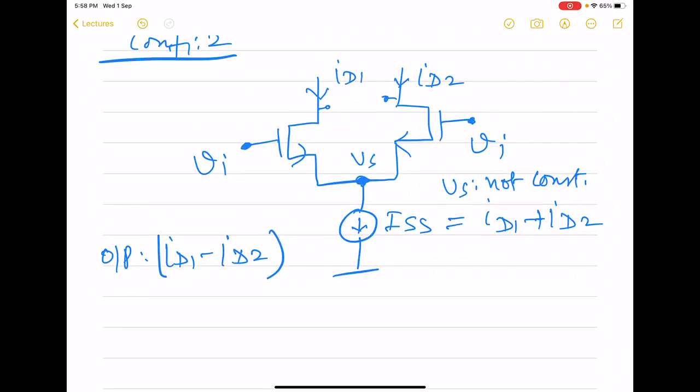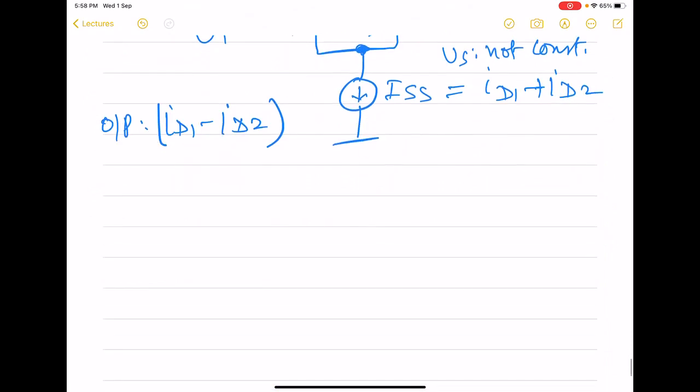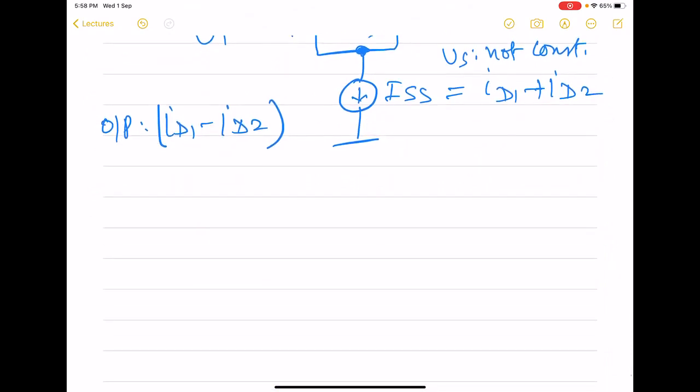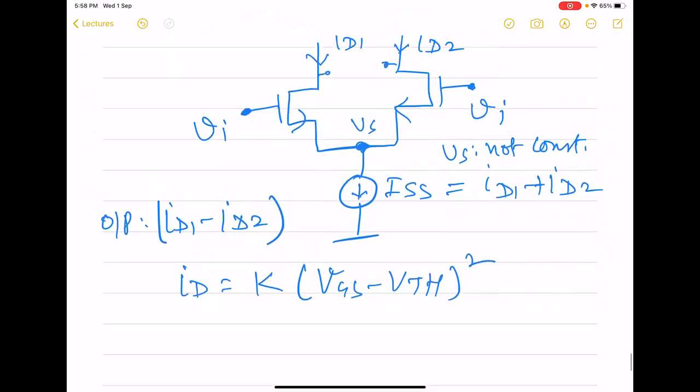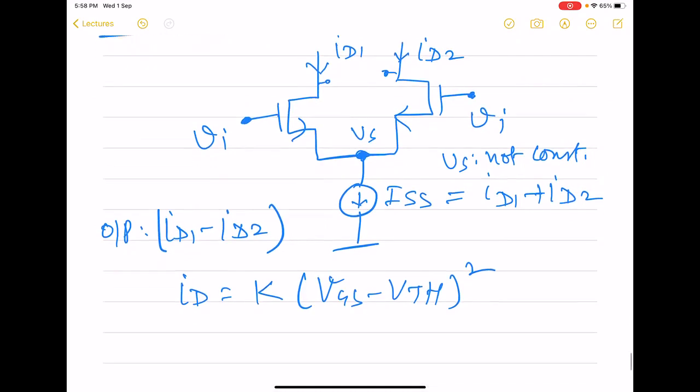However, in configuration 2, even with the simpler expression for ID, that means ID as K into (VGS minus VTH) whole square, even with this expression, configuration 2 gives rise to third order nonlinearity.